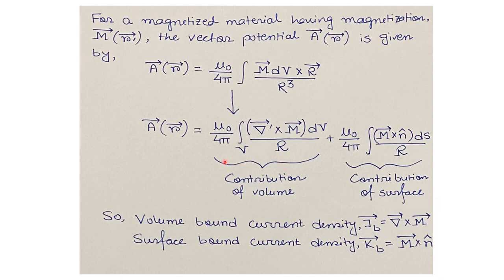From the first part, this curl of M is your volume bound current density, and in the second term, M cross n cap is your surface bound current density. Hence, the volume bound current density is defined as Jb equals curl of M, and the surface bound current density is Kb equals M cross n cap.